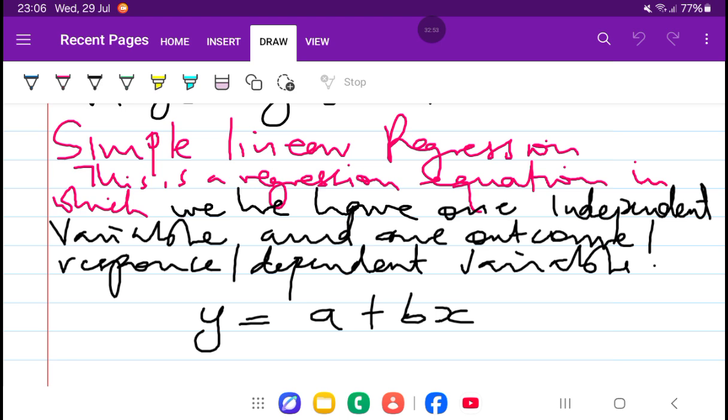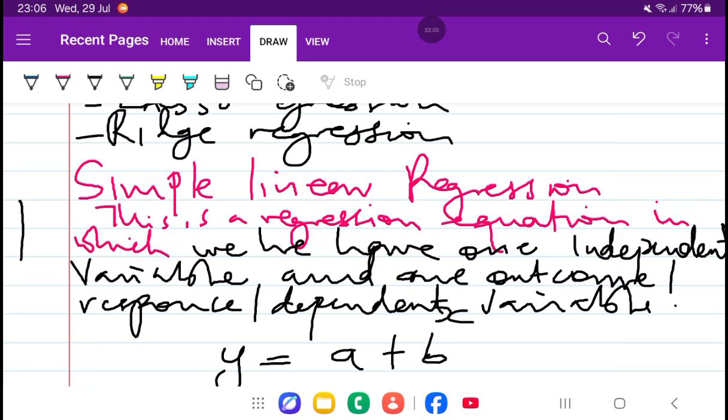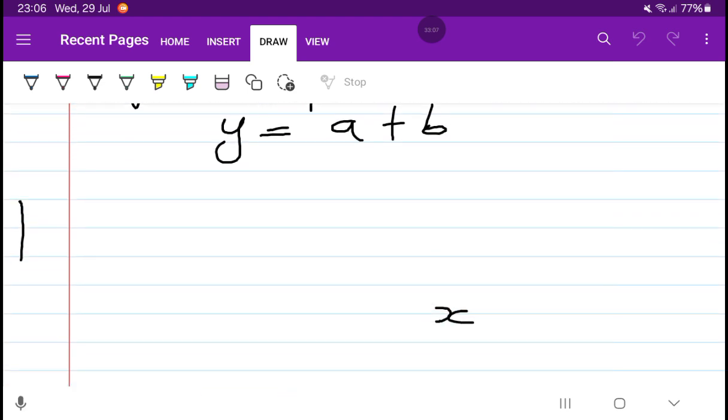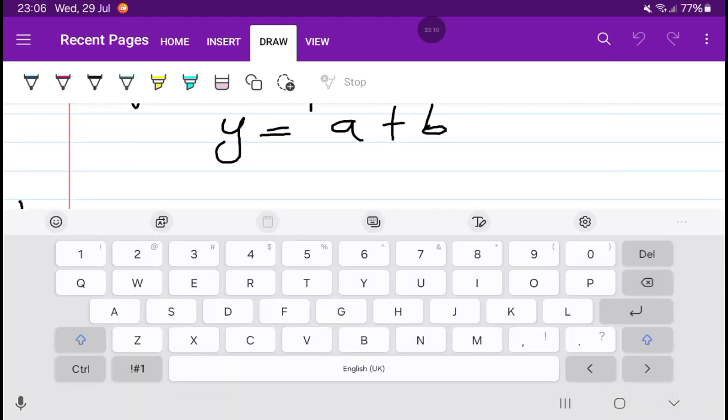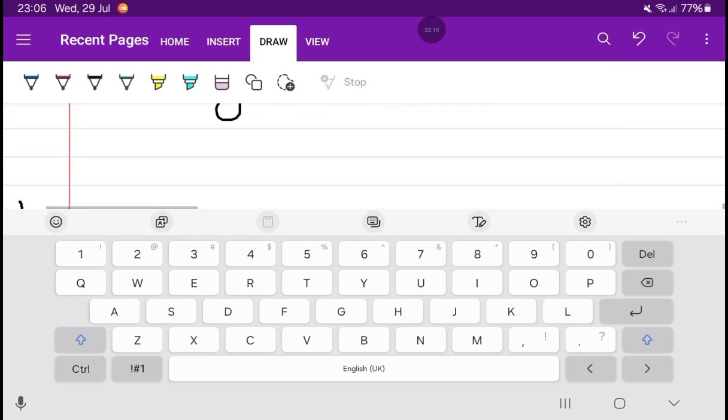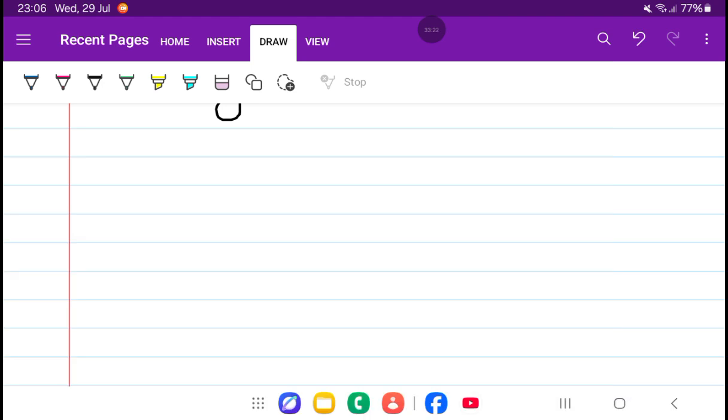They may not use some of these letters, but as long as they explain, you'll find that some textbooks may say they are using alpha and beta instead of using these values, but I prefer to use the simple values.